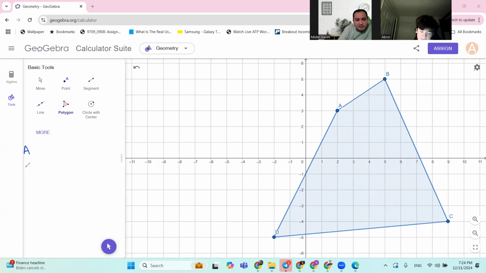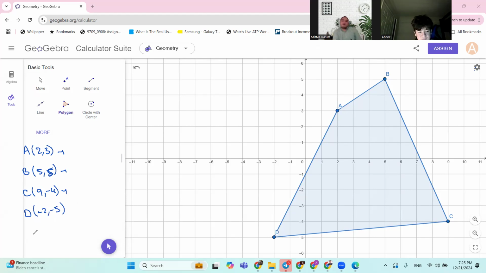Here we have A, and here we have B, and here we have C and D. Abro, tell me the coordinates of A. 2, 3, right? Yes. 2, 3. B, 5, 5. C, 9, -4. D, 2, -5.